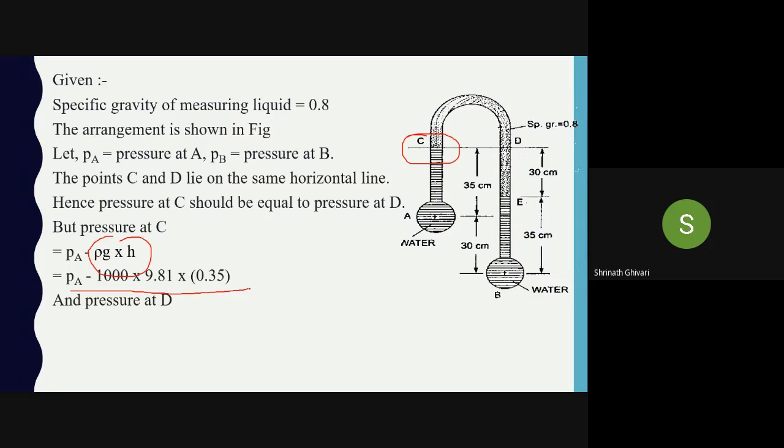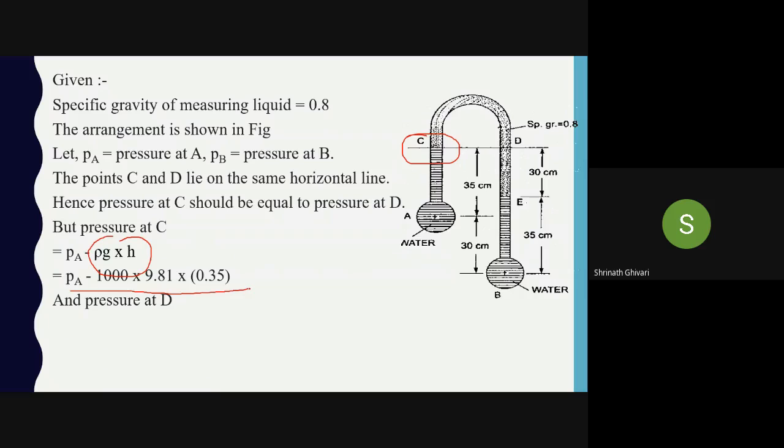What is the pressure at D? Very easy. PB minus the density of oil, 0.8, sorry, 800.